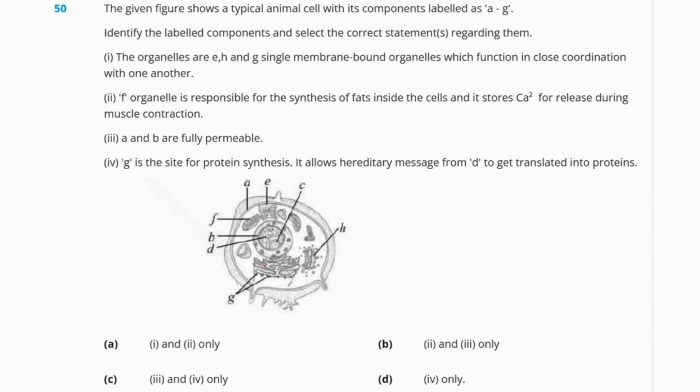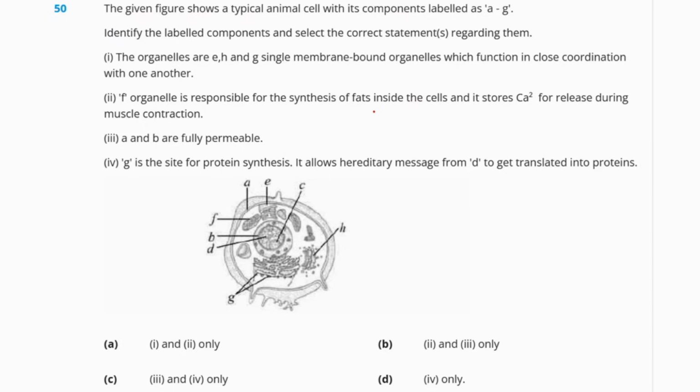F is this vacuole, you can say. G is the endoplasmic reticulum. H is the mitochondria. Okay, so let us read the options one by one.